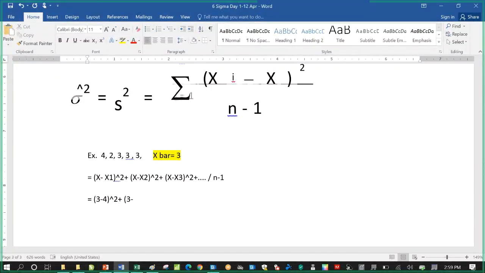Plus x bar minus x2, which is 2, then x bar 3 minus 3, and the same thing again 3 times.